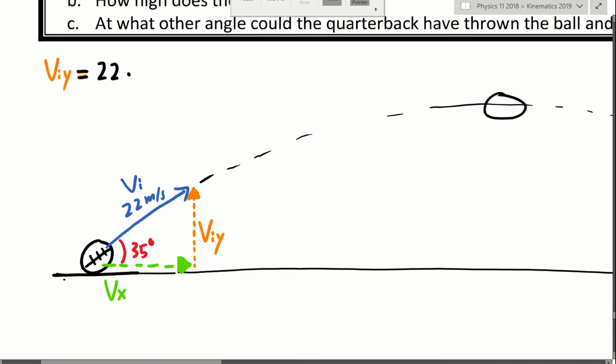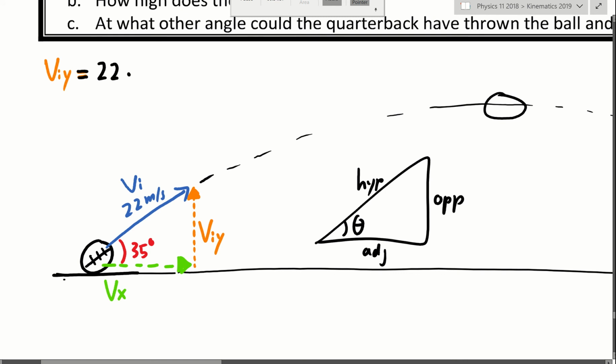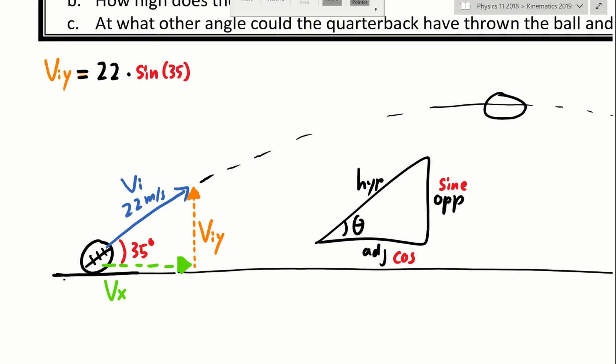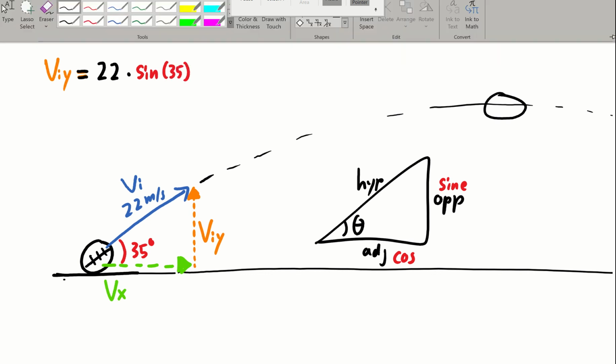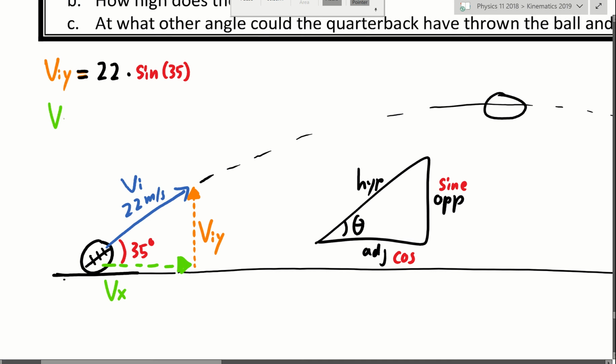Look at this triangle: you have this angle, that's the hypotenuse, this is the opposite, that's the adjacent. Remember, opposite goes with sine, so this side takes the sine ratio, and this side takes the cosine ratio, always. For my vertical, I'll take the sine of 35 degrees, and then throw it in a calculator, and you are done.